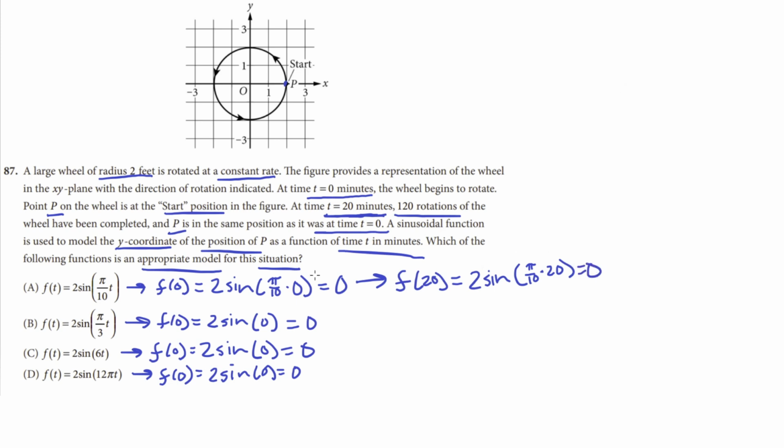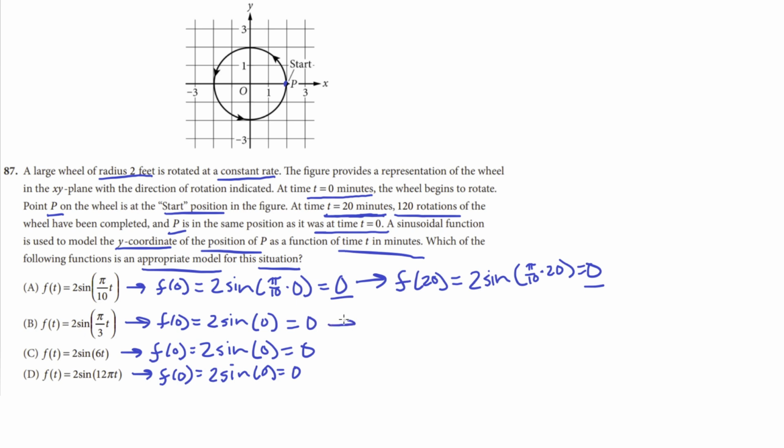That's good. After 20 minutes of rotating, the question says that P is in the same position as it was at time t equals 0, so we should get 0 for both. So yes, A is correct at those 2 points.